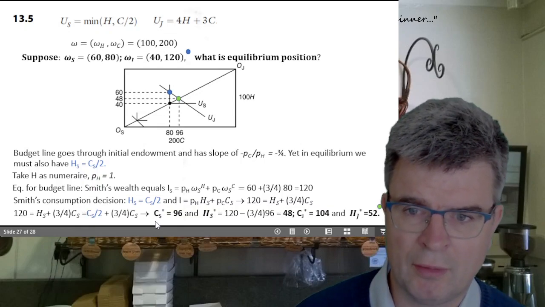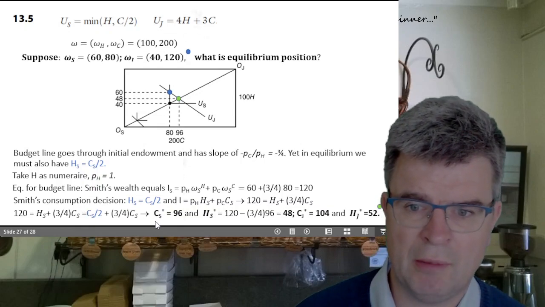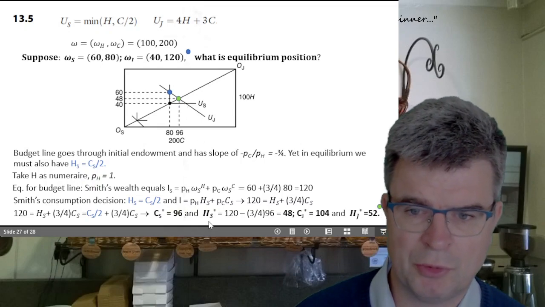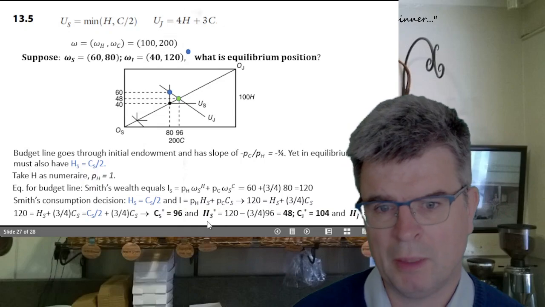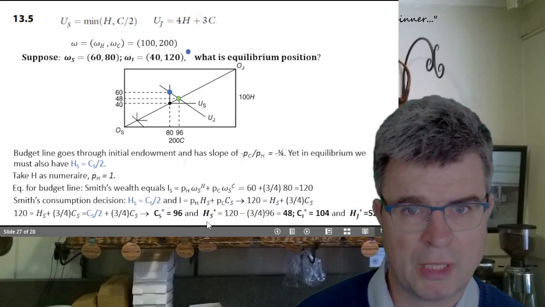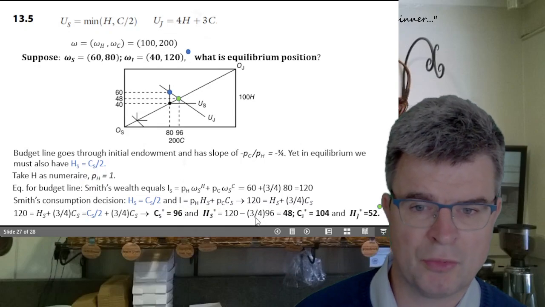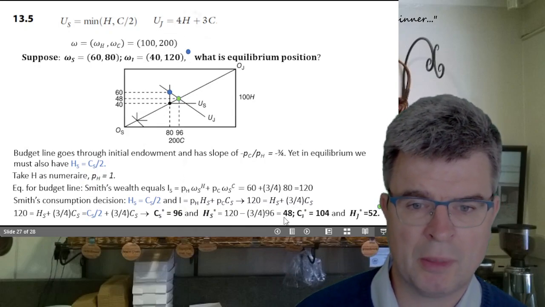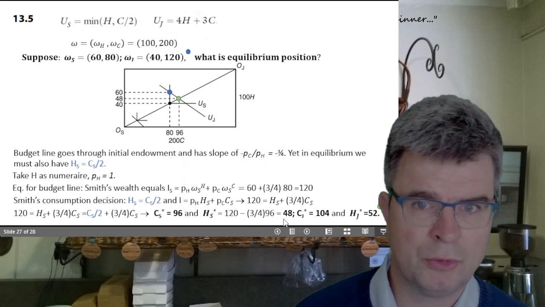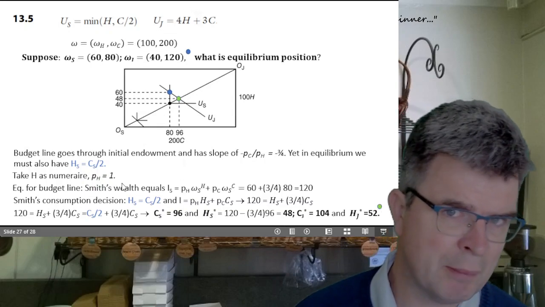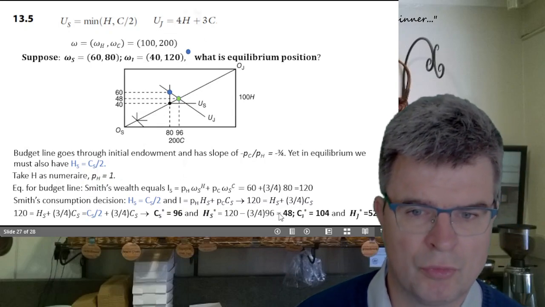And we find that the consumption of cheese in equilibrium is equal to 96, and then his consumption of ham: well, he buys 96 slices of cheese from his budget of 120 at a price of 3/4 each, which leaves a budget of 48 to spend on ham, and the price of ham is equal to 1, so he can buy 48 slices.